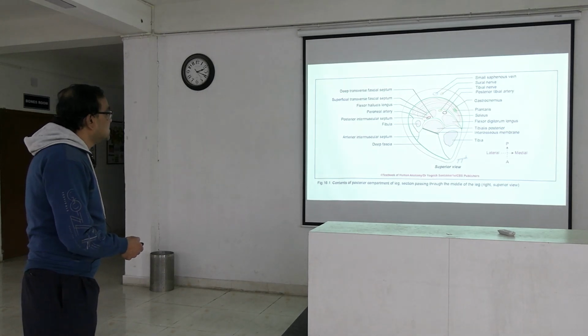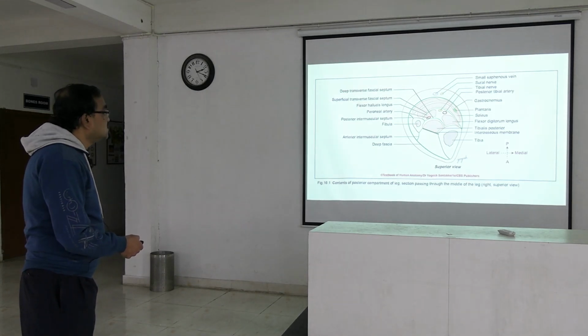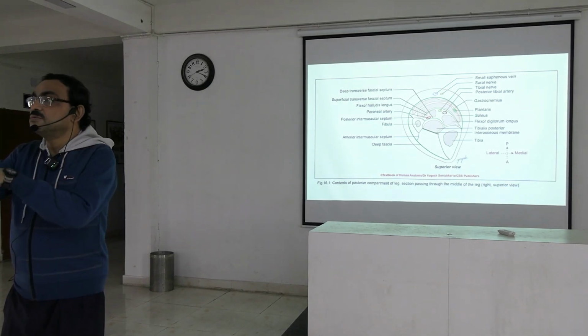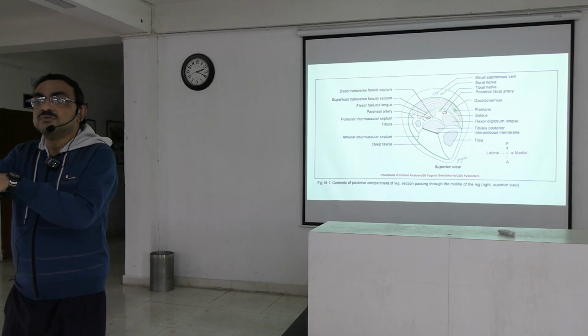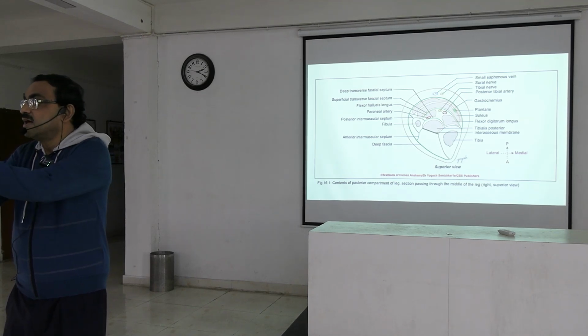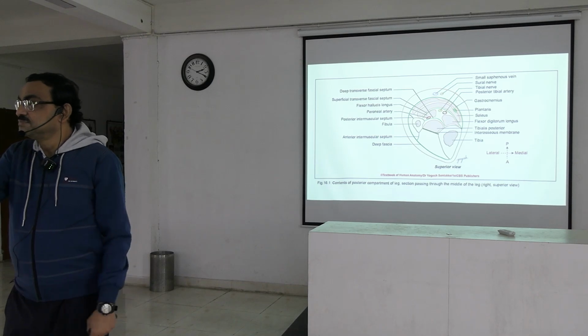And this muscle is nothing but flexor hallucis. If you consider it as a foot, this is the great toe and these are the other digits.